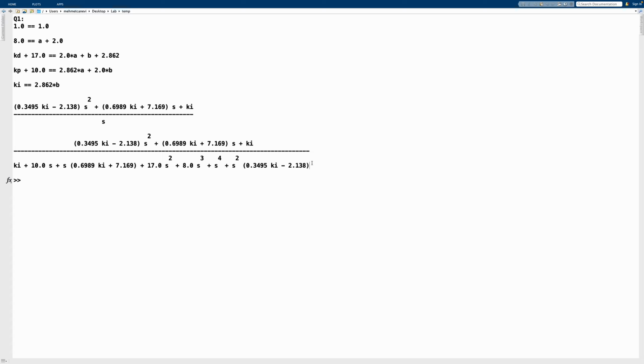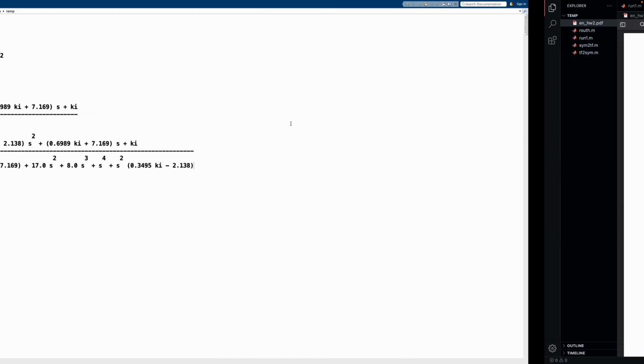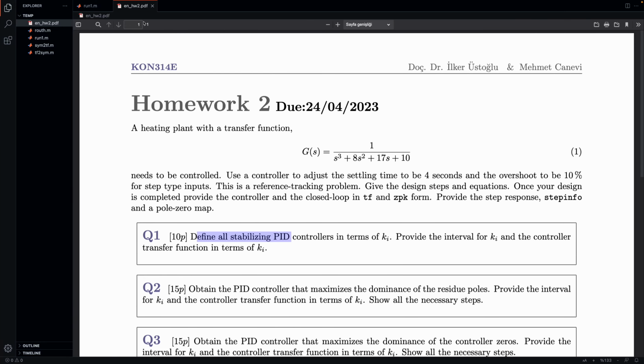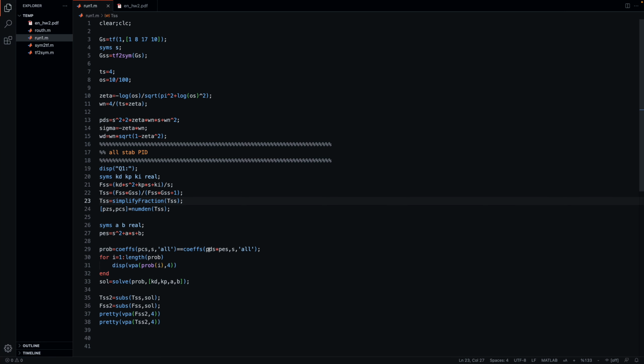But there is a better way of analyzing the closed loop stability because we don't really have to check a fourth order polynomial in this case. The reason behind that relies on the fact that we are using PD(s) times PE(s) and the coefficients of this polynomial, and we equate that to PC(s).